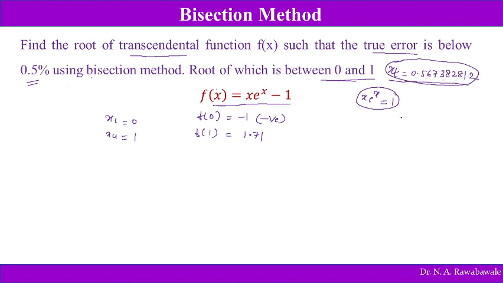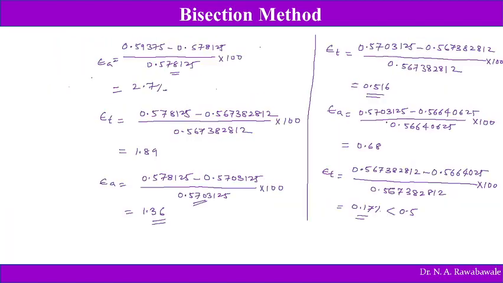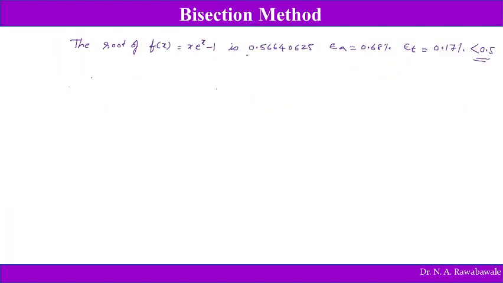What we have obtained is the approximate value using the bisection method, and this root has an error of 0.17%, which is less than 0.5%.